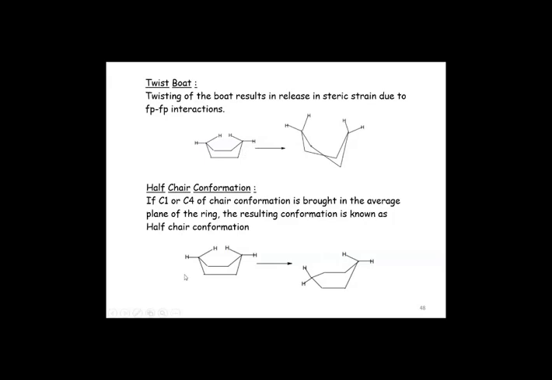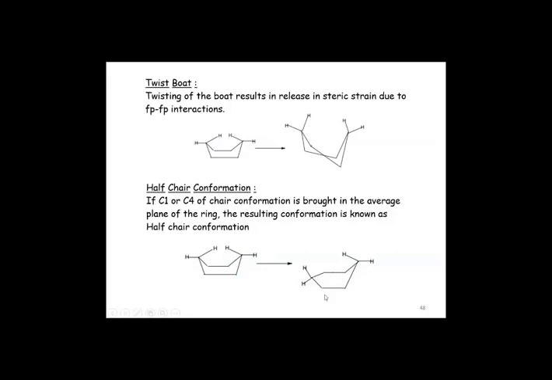The next possible conformation of cyclohexane is the half chair conformation, where one of the elevated sides or V-like part of this boat conformation is made coplanar with the plane of the ring.